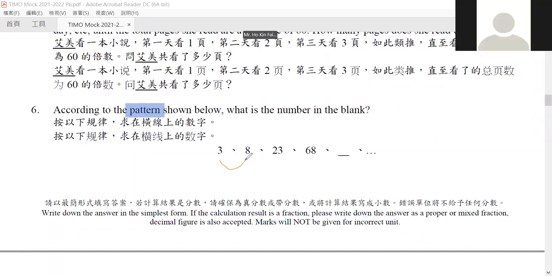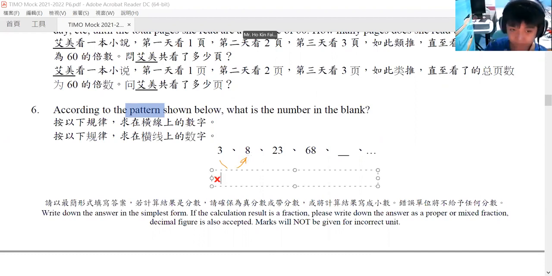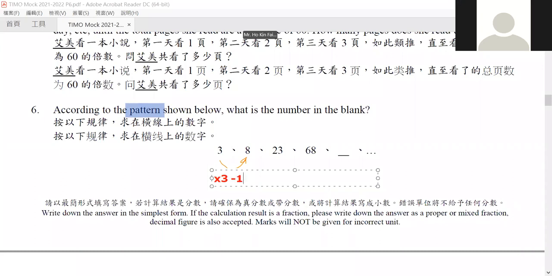So because 3 to 8 is actually we multiply by 3 and then minus 1. 3 multiplied by 3 minus 1 is equal to 8, and then 8 multiplied by 3 minus 1 is equal to 23, and 23 multiplied by 3 minus 1 is equal to 68.